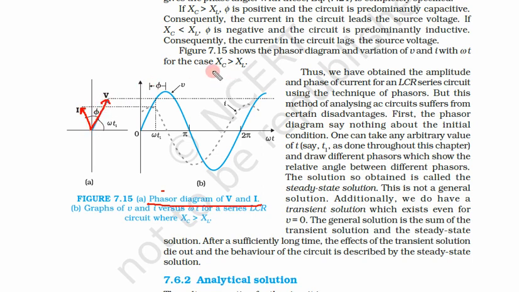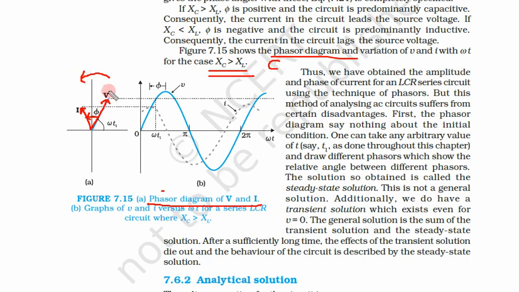Here we have assumed XC is greater than XL. That means the circuit is mainly capacitive. In case of capacitance, current will be ahead of voltage.